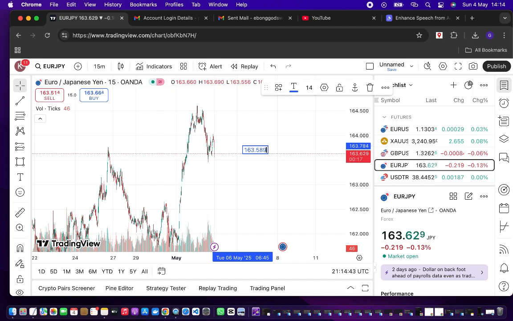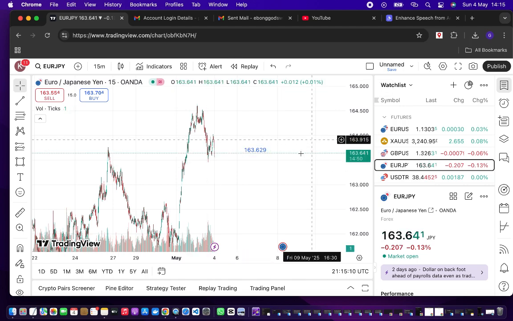It simply means that 1 euro is going to cost you 163.629 Japanese yen. Let me go over that again. The cost of 1 euro is 163.629 Japanese yen.